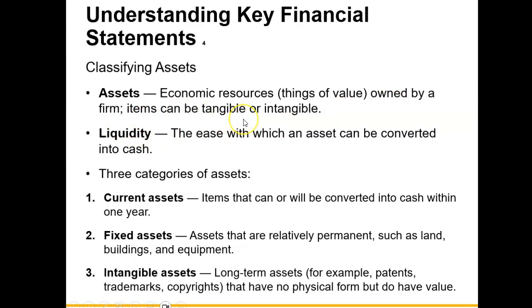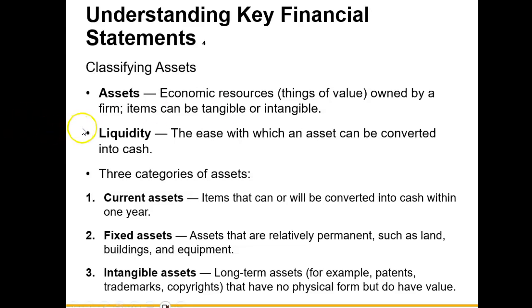Items can be tangible or intangible. So let me help you out with that. We're talking about the resources owned by a firm as being assets. That can include things such as cash, their equipment, their property, land, buildings, automobiles, are examples of different types of assets.